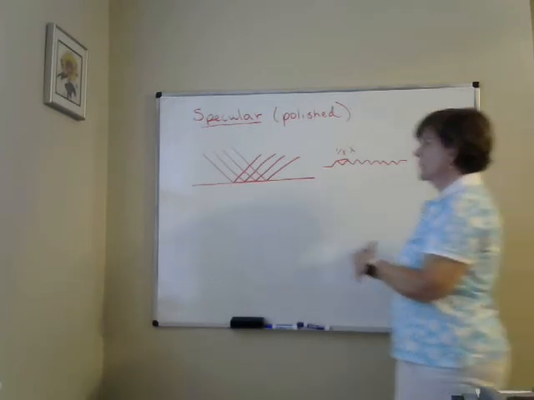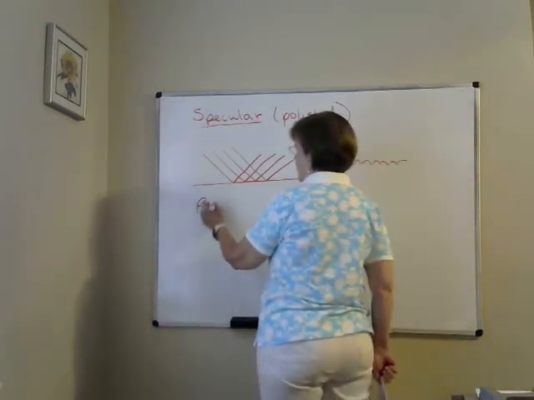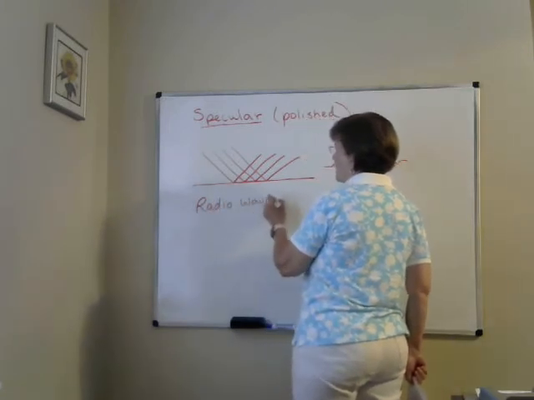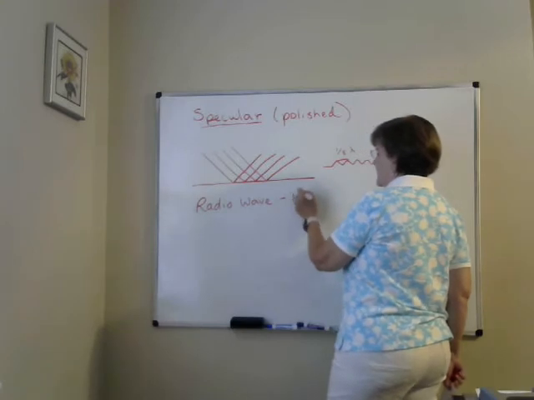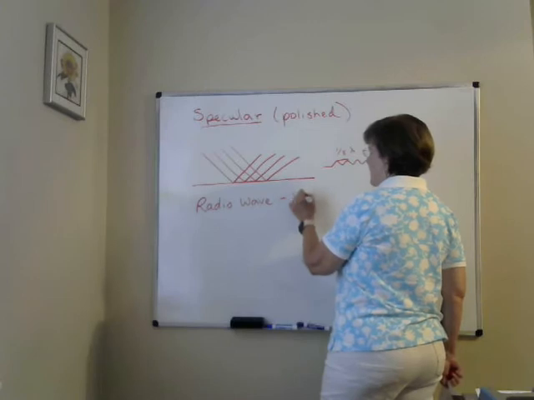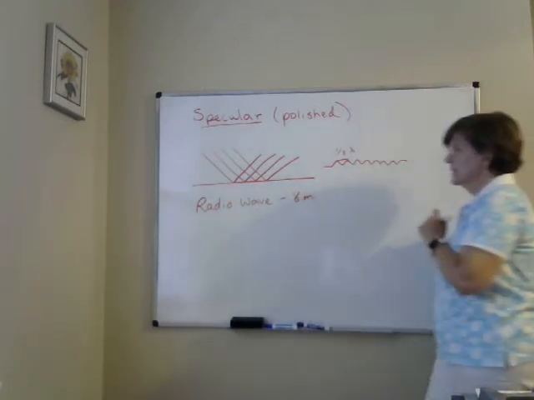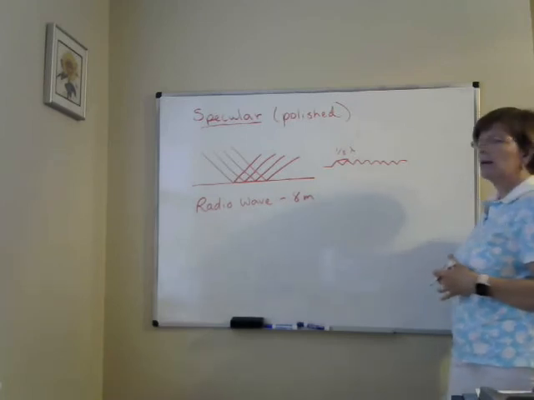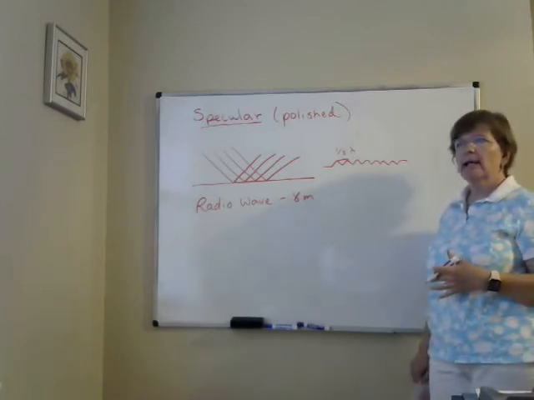If you have a radio wave, and it has a wavelength of, well, let's make it easy on ourselves, 8 meters, then you're polished if your rough spots are only about 1 meter apart. You can actually be pretty rough.